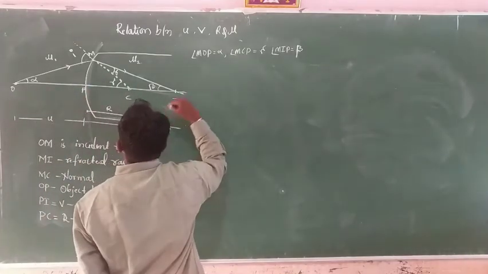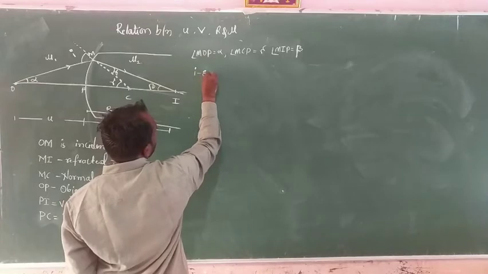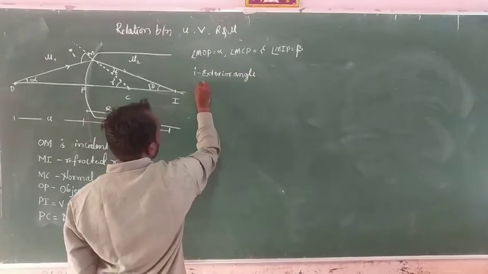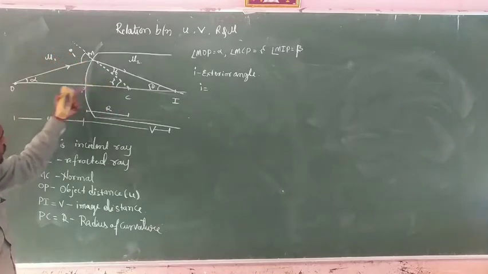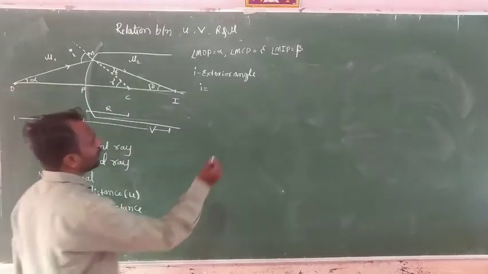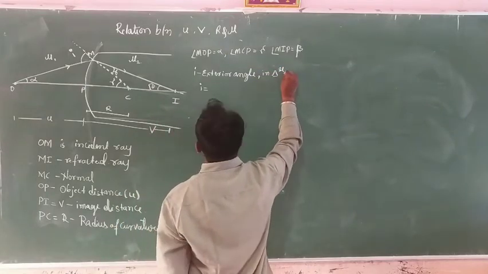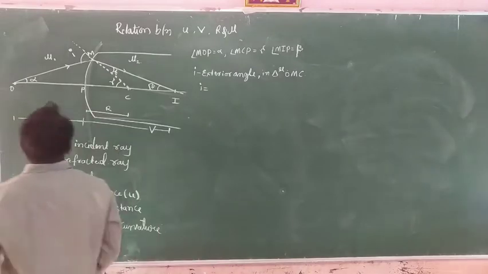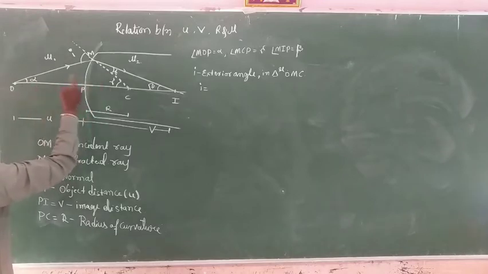Here i is the exterior angle. So in triangle OMC, i is the exterior angle, so i is equal to the sum of the interior opposite angles.